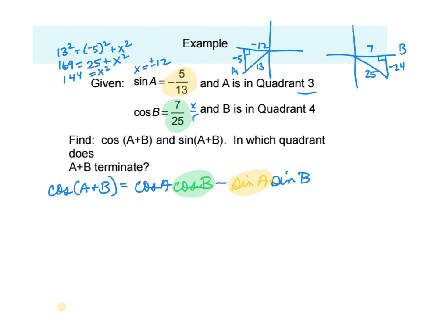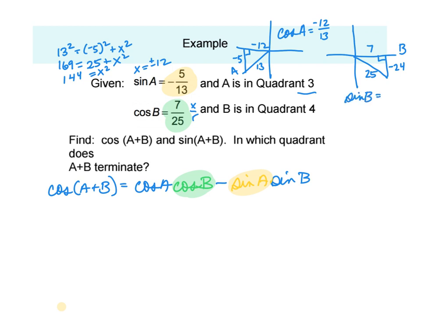So without pausing, I'm going to find cosine of a. Cosine of a is x over r, so that's negative 12 over 13. And I also need to find sine of b.